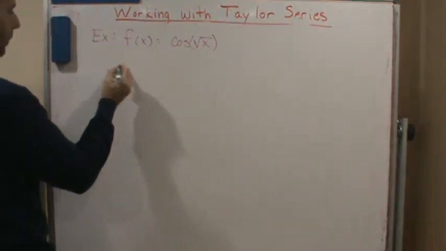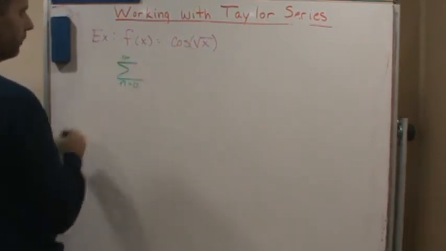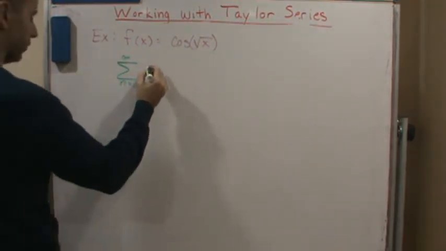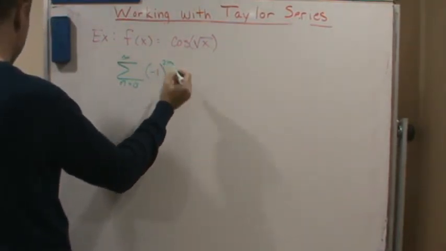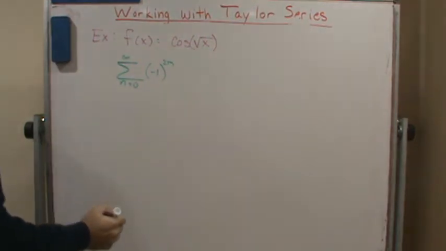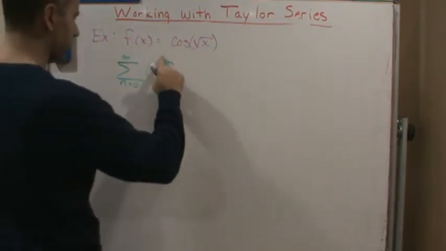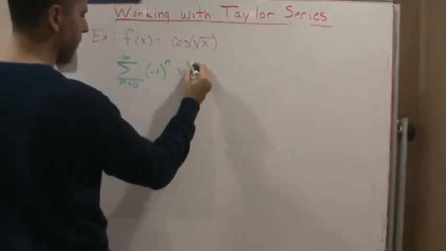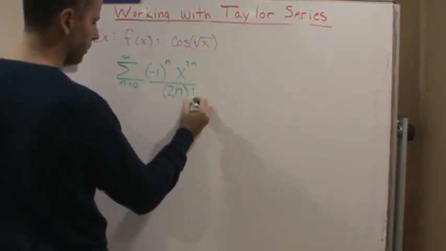So if we look at the Maclaurin series for cosine x, for n equals 0 to infinity, well, then we know that it has this form, right? So it's going to be negative 1 to the n, this is n, not 2n, and then this is going to be x to the 2n over 2n factorial.